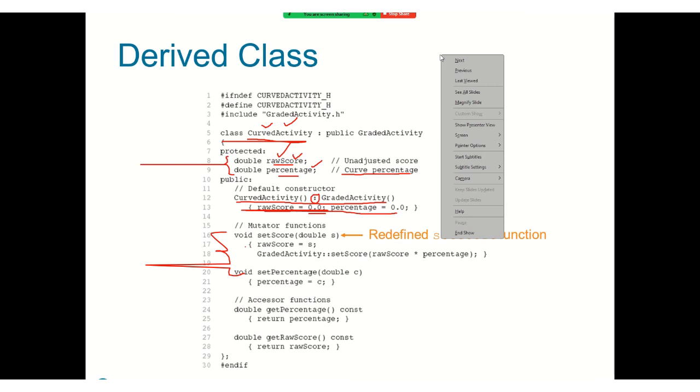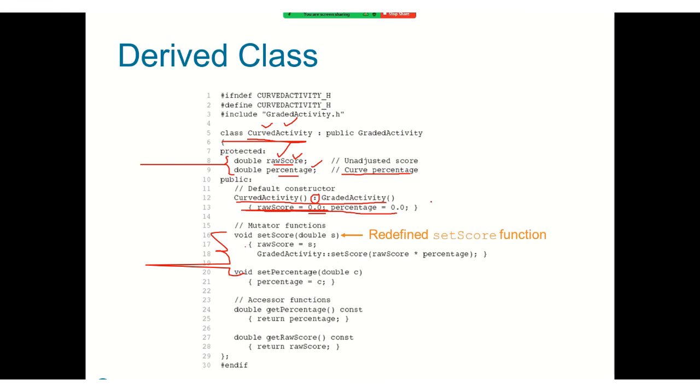So therefore, we set score, and then we set raw score to be s. That way we set the value of this variable, and then we call the GradedActivity setScore. Then we are doing here raw score times percentage, that is the curved percentage.